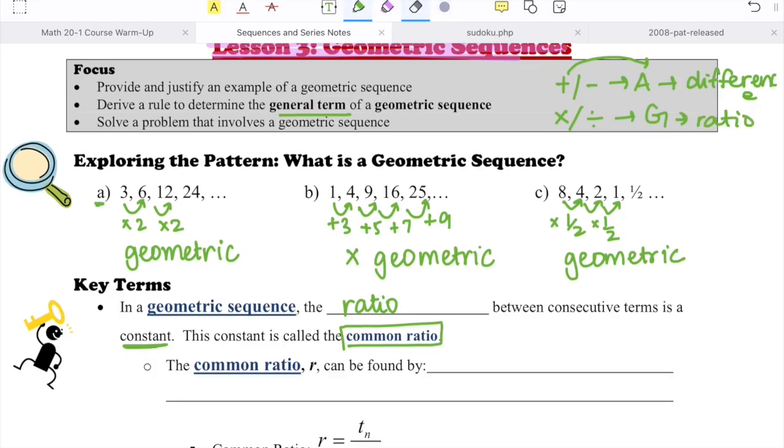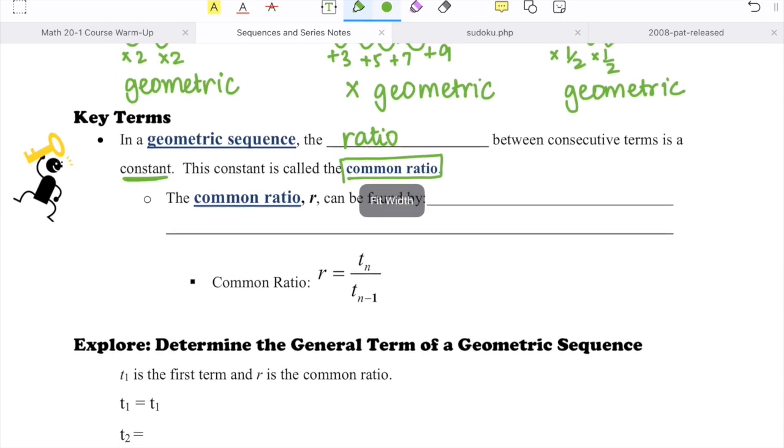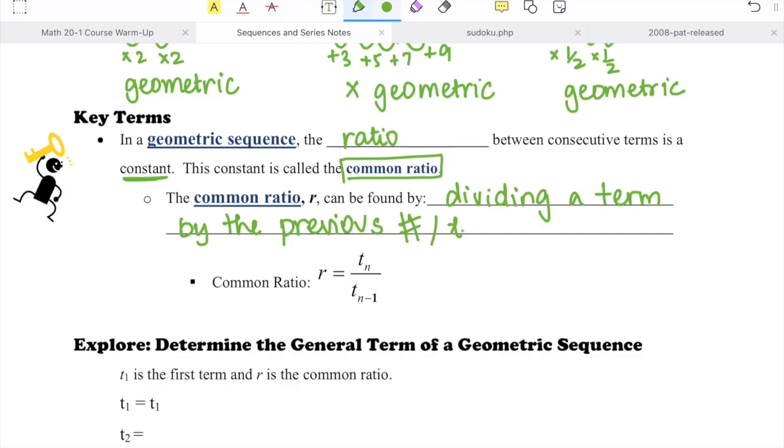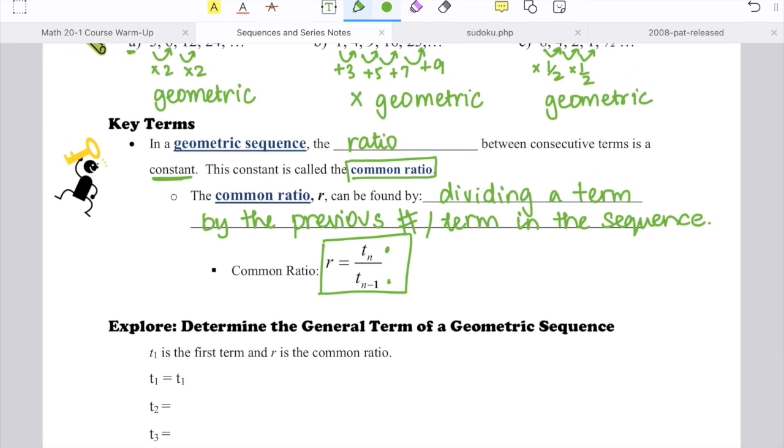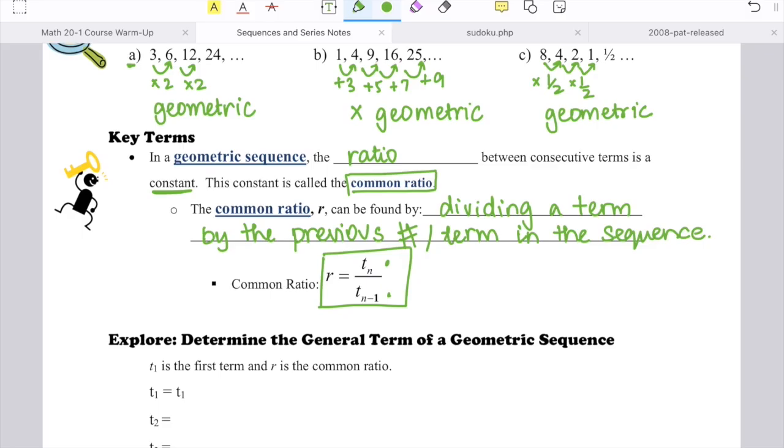The common ratio R can be found by dividing a term by the previous number or term in the sequence. Okay? So the common ratio is going to be Tn over Tn minus 1. So the current term divided by the previous term. Okay?